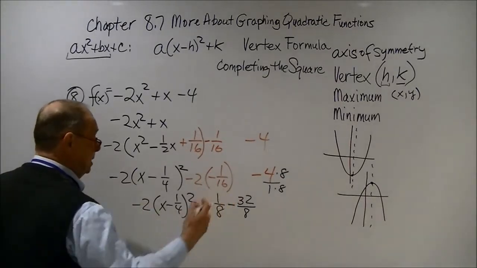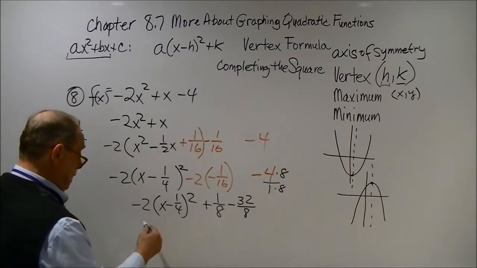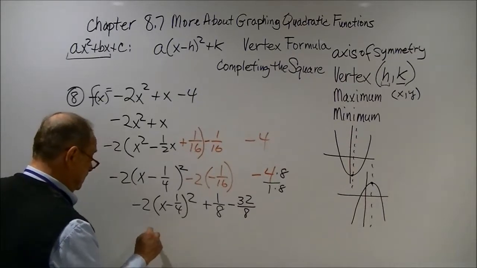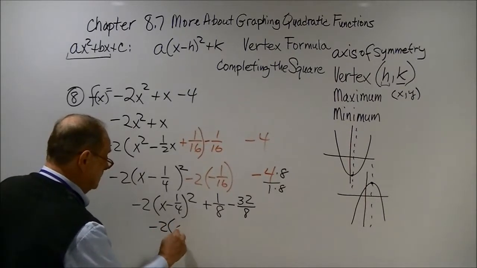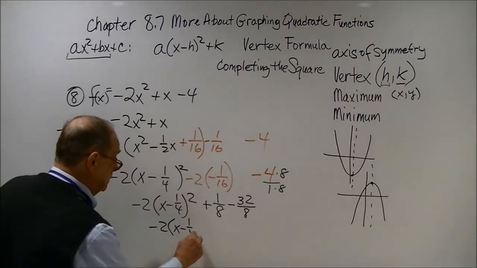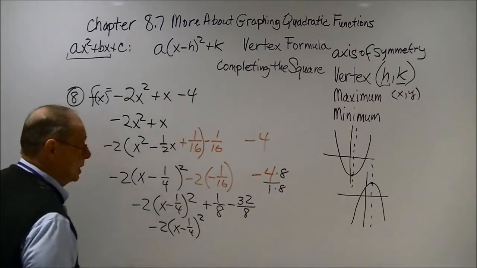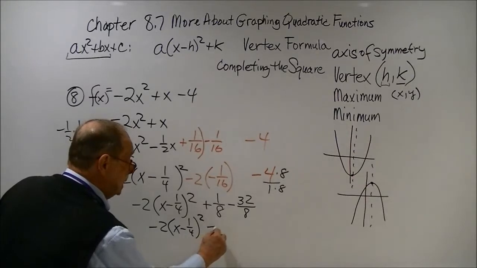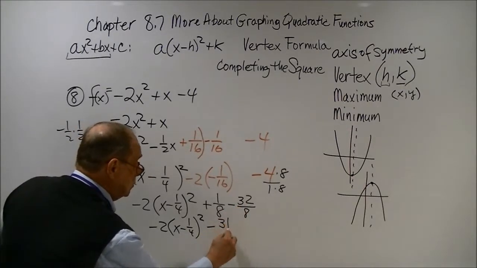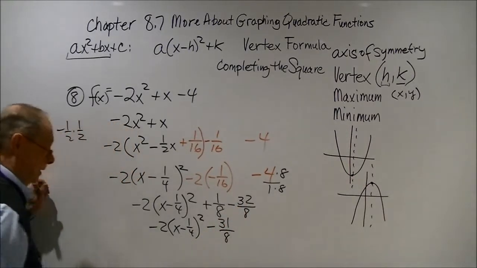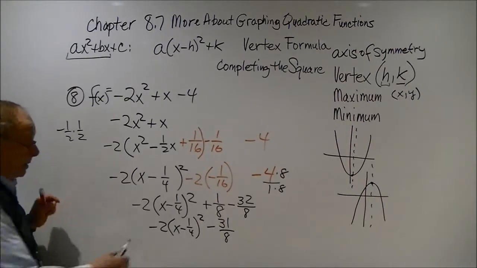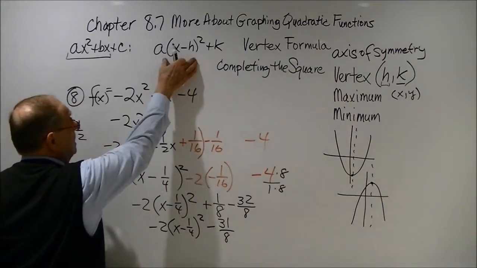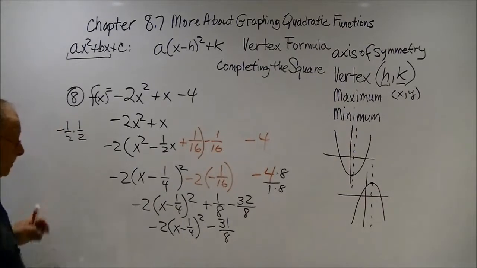So what does this become? Well, it's going to be negative 2 times x minus 1/4 the quantity squared, minus 31/8. And now this is in the vertex formula.